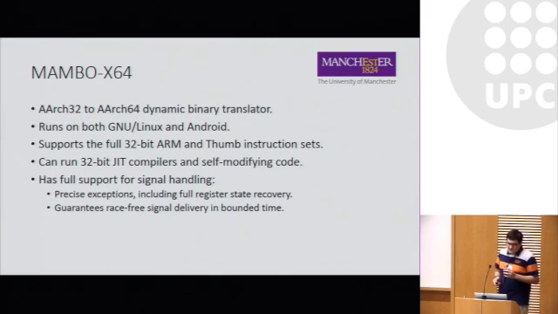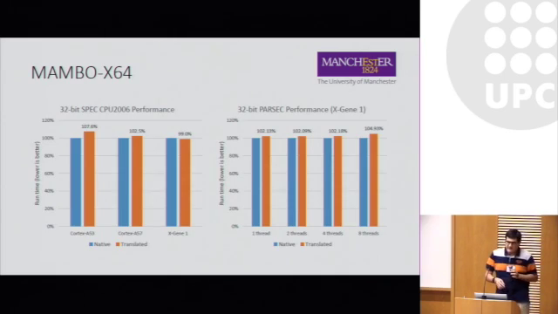Now, one of the key points about Mambo x64 is that it has very low overhead. It's very fast. So we evaluated Mambo x64 on 3 different ARMv8 processors: the Cortex-A53, which is a low-power in-order core, Cortex-A57, which is a high-performance out-of-order core, and the XGene-1, which is another high-performance out-of-order core.